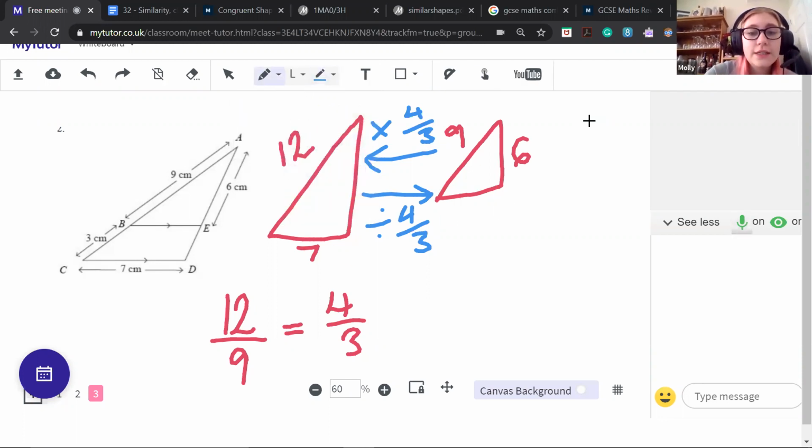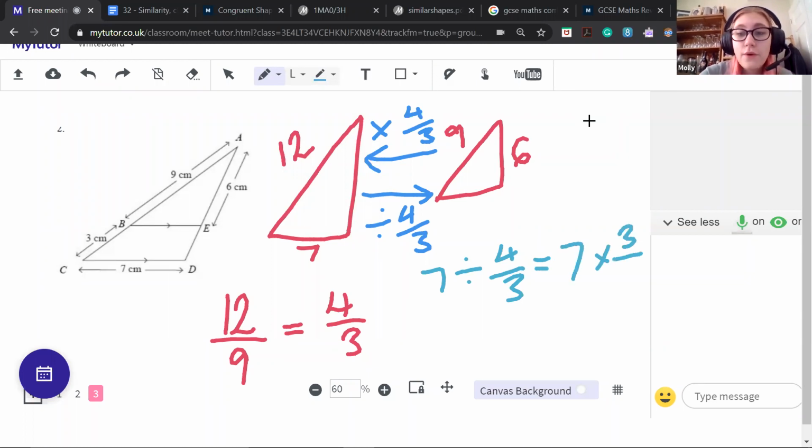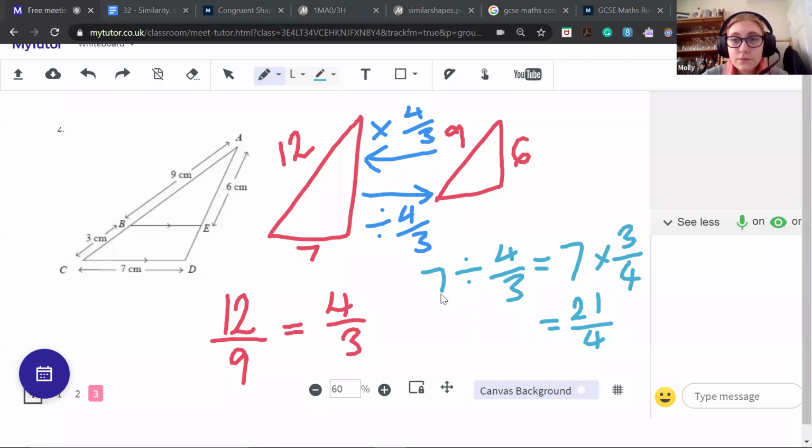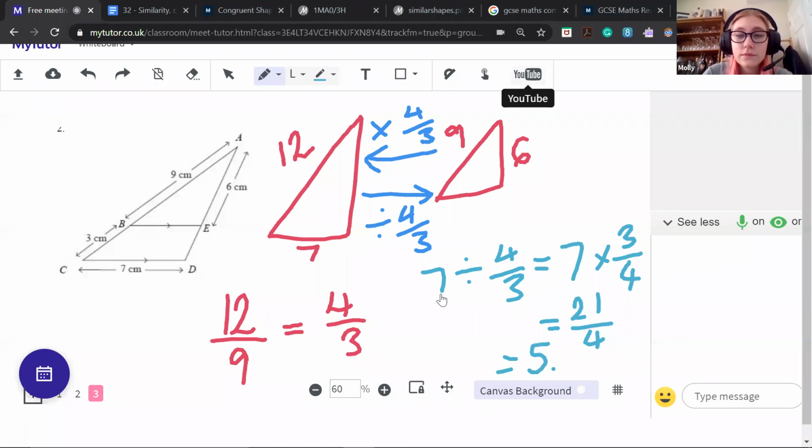So we do 7 divided by 4 over 3, which we know is the same as 7 times 3 over 4, which is 21 over 4. Or if we want it as a decimal, 5.25. So that's what that length is there. Hopefully that makes sense.